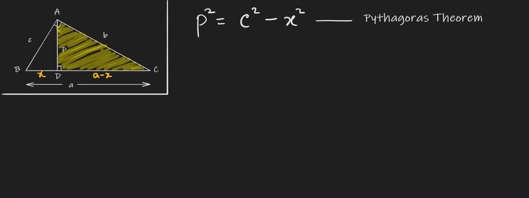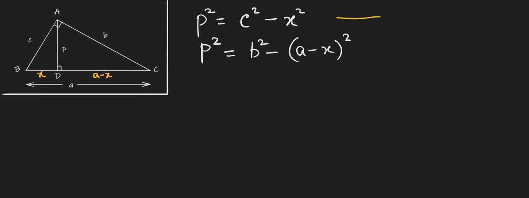Similarly, in the right angled triangle ADC, angle ADC is 90 degrees. So P square is equal to B square minus (A minus X) whole square, also according to Pythagoras Theorem. Let us label this as equation 1 and this as equation 2.